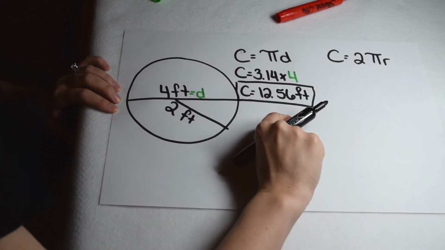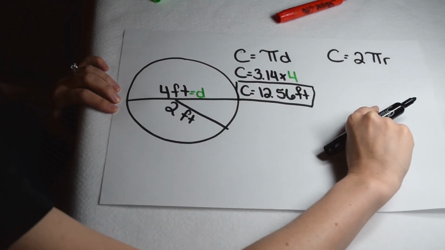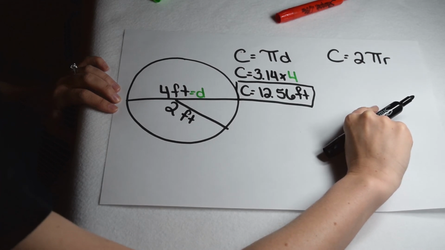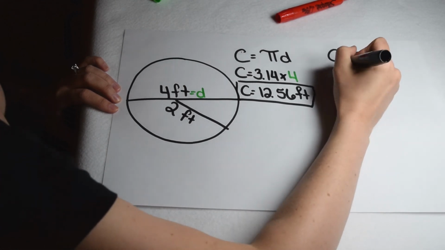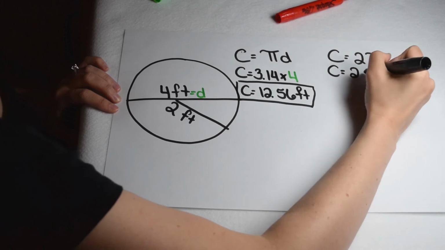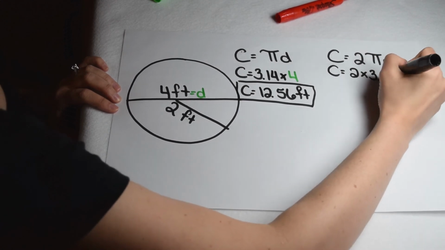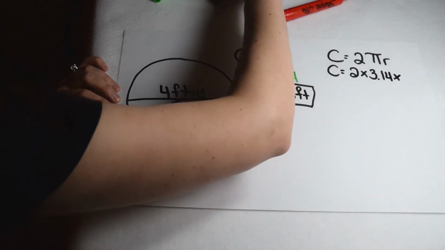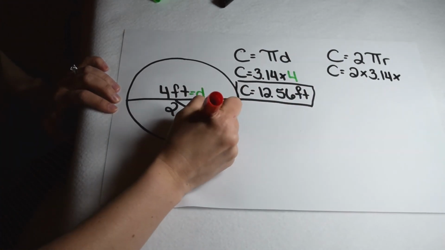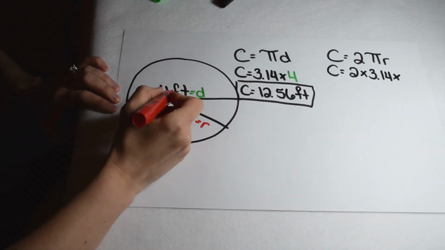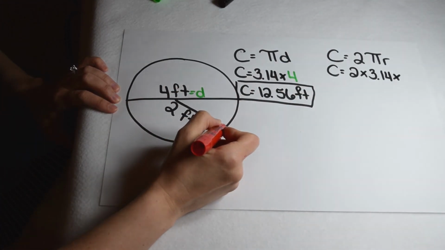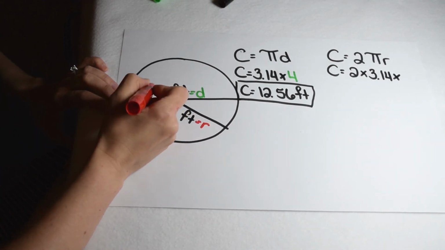If both our equations are true, we should also get 12 and 56 hundredths when we use 2 times pi times the radius. To solve this one, I'm going to multiply 2 times 3.14 times my radius. Coming back over to my circle, I can see that 2 feet is my radius because it goes from the center to the outside edge of the circle, and its value is half that of the diameter.